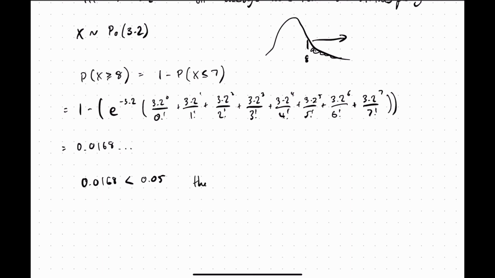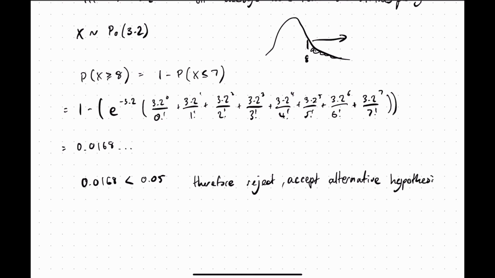Therefore, reject null, accept alternate hypothesis. It could be, I don't know. Yeah, it is alternative. I knew one was right, one was wrong, and I got the wrong way around.